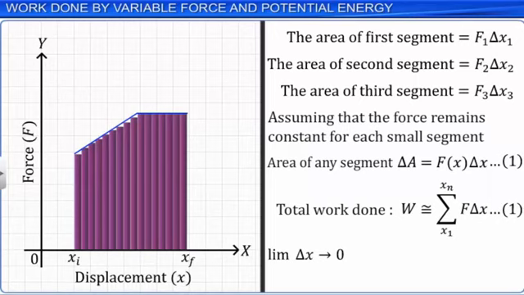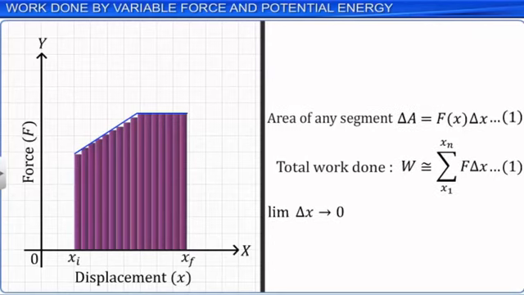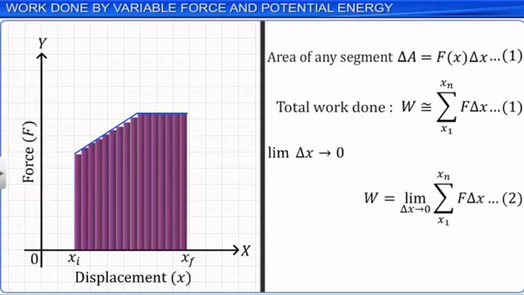And the total work done is calculated as W is equal to sigma of F delta x between the limits x1 to xn, as delta x tends to 0. Let this be equation 2. Hence, the work done for a varying force can be expressed in integral form, as W is equal to integral F dx in the limits x1 to xn. Let this be equation 3.